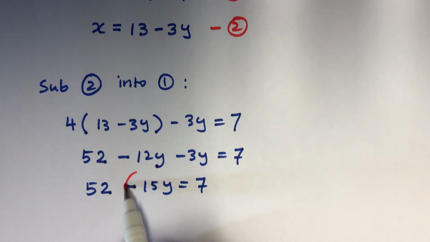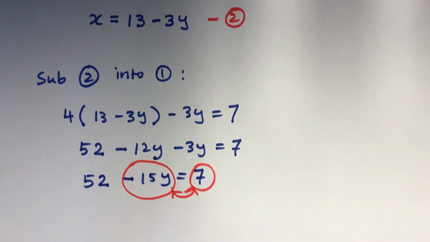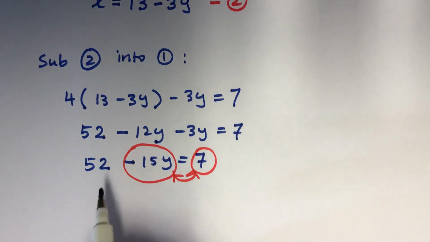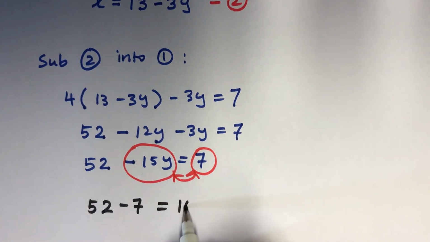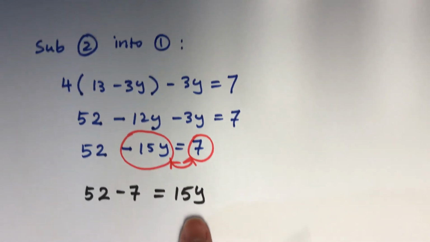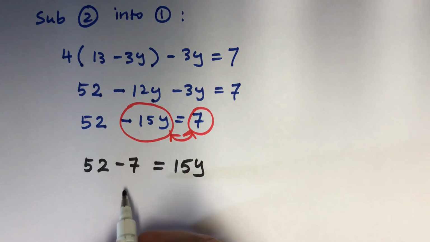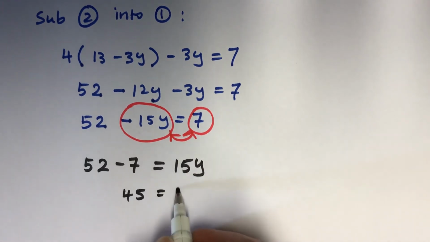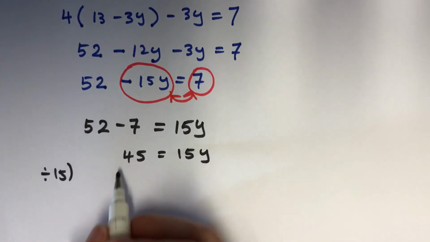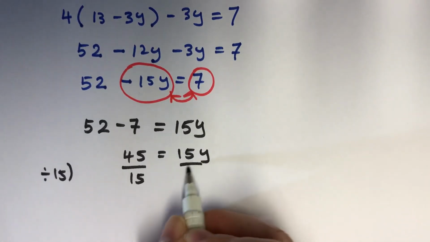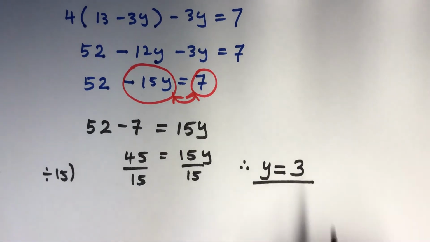That's okay. But what I'm going to do is swap this, so I will have 52 minus 7 equals 15y. I want to have positive y here. That gives me 45 equals 15y. I'm going to divide by 15 on both sides. Therefore, y equals 3.